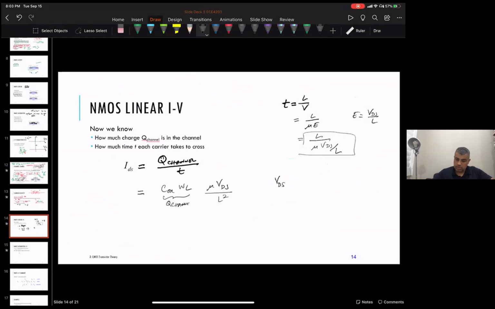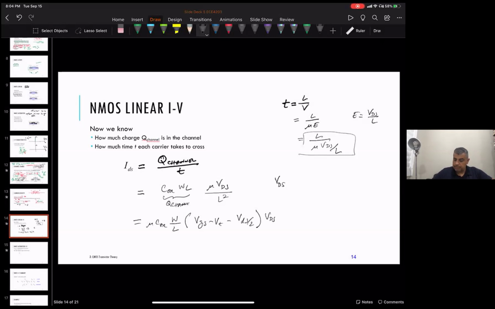Okay, so we basically end up with mu Cox, W over L, times (V gate source minus VT minus VDS over 2) times VDS.